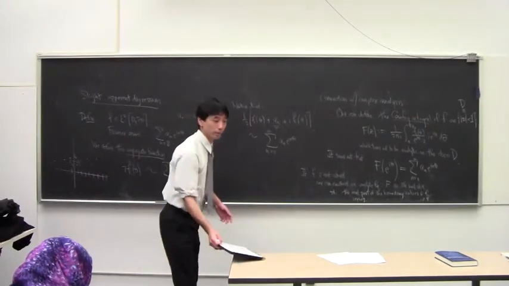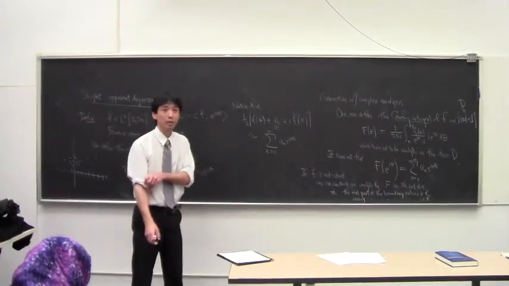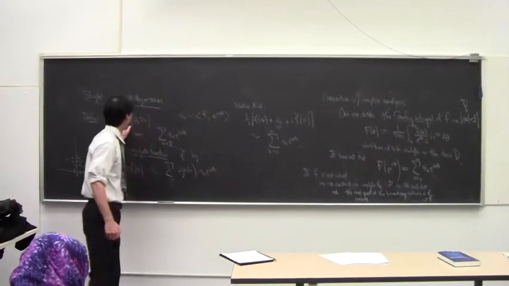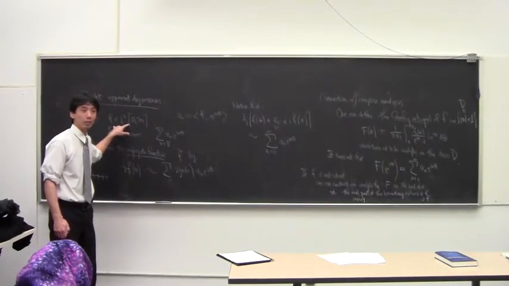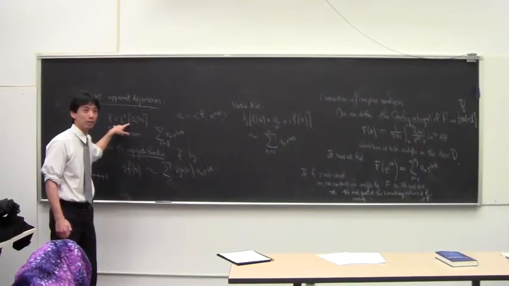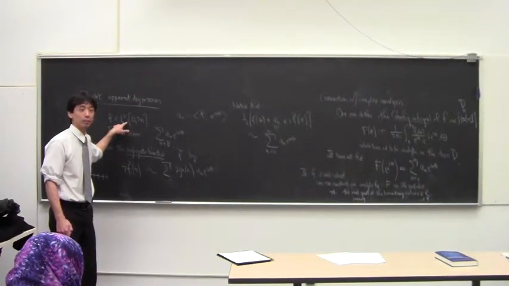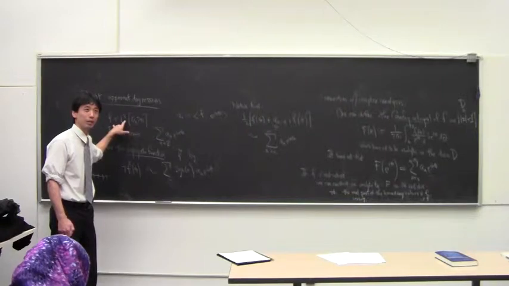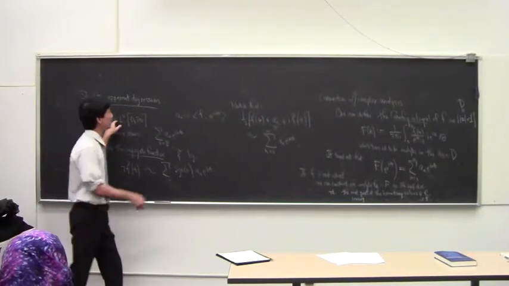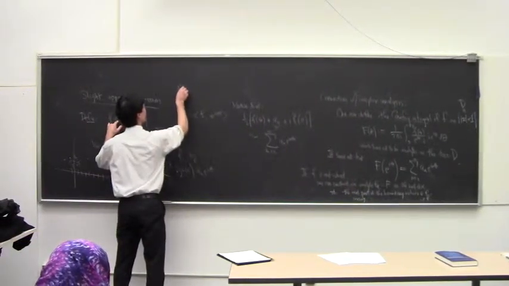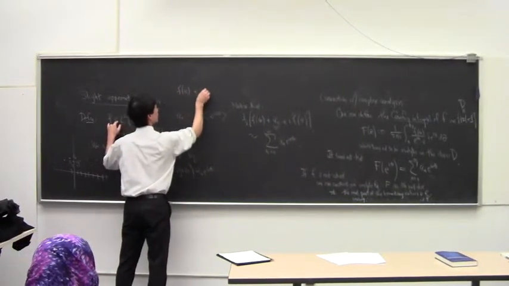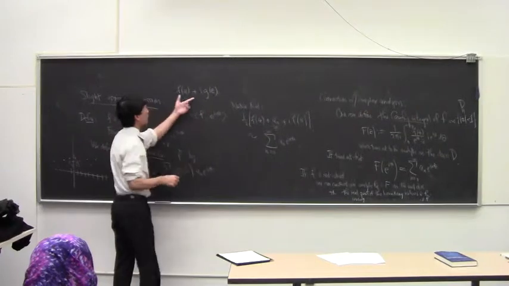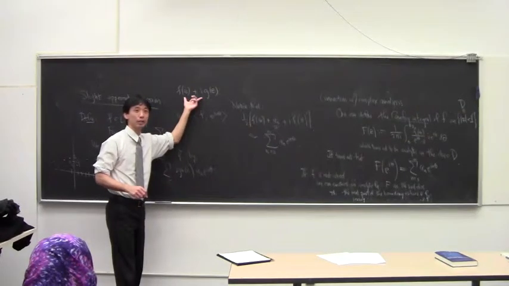Okay, so if you have a real valued function, is it possible to create an analytic function? You've got some real valued function f, and you're wondering, can I find a g so that this sum is an analytic function?